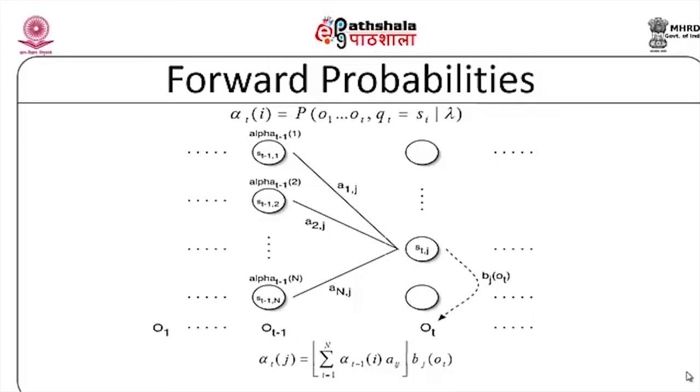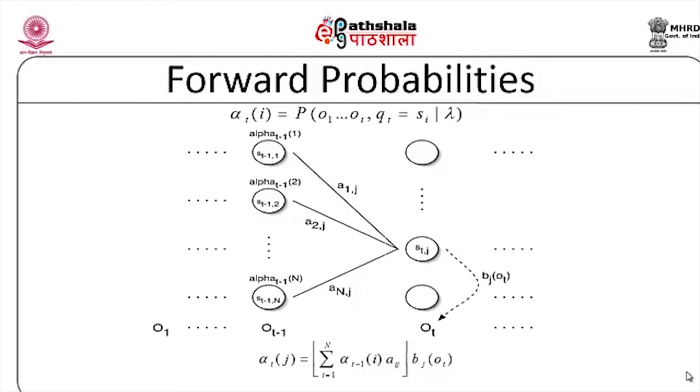What are we summing? We are summing the probability of having reached each of these states at t minus 1, and the transition probabilities a_1j, a_2j. So, this 1, 2 to n are the states that we are associating at t minus 1.